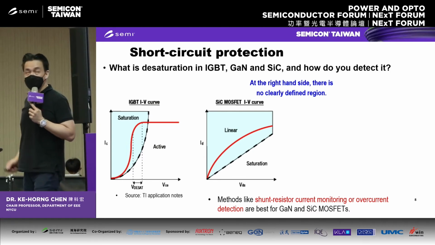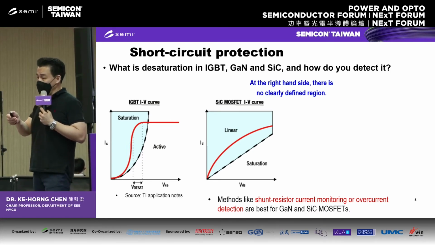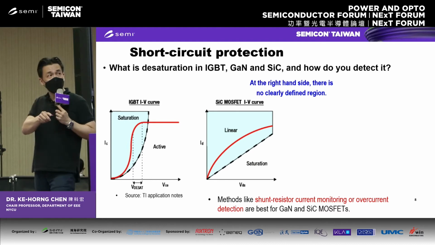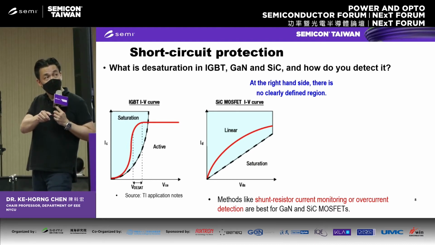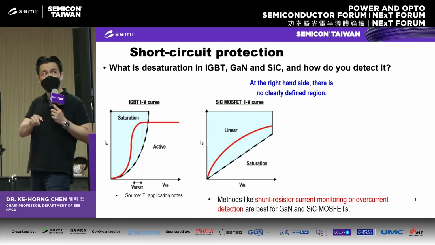Let me show you another defect of the GaN. That is the short-circuit protection. For the IGBT, it is easy to detect the transition between the saturation and the active region. While for the GaN device, it is not easy to detect the transition from the linear region to the saturation region.